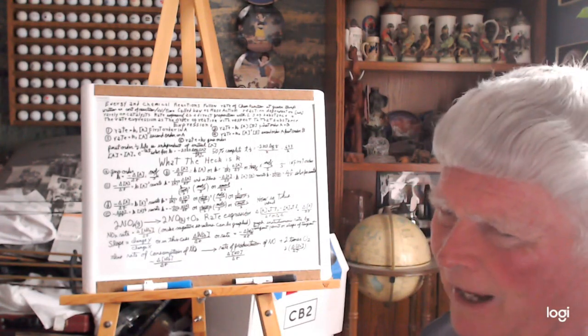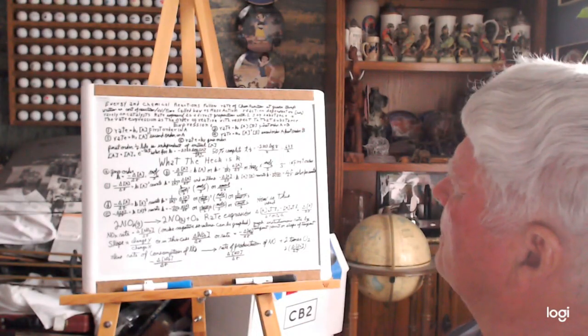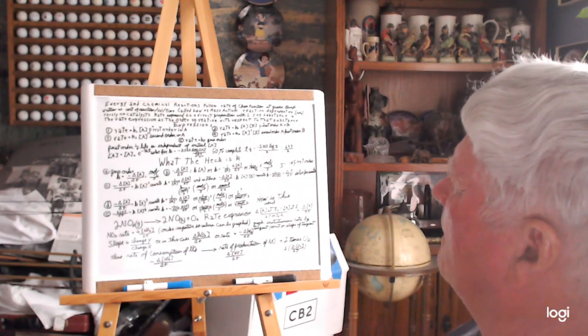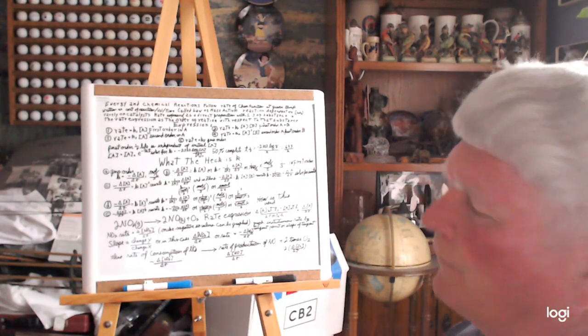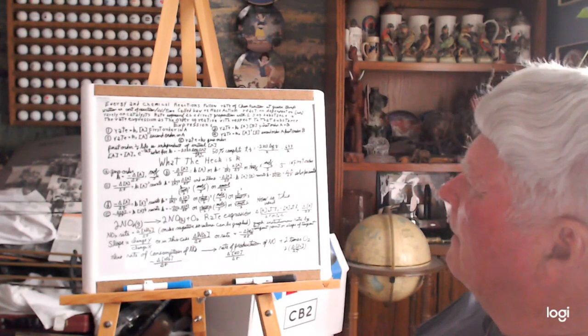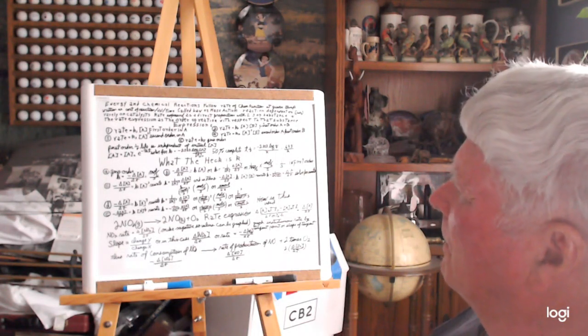This is called second order in A. Four, rate is equal to K4 times the concentration of A squared times the concentration of B. Second order in A, first order in B. And last but not least, rate equals K5, zero order.